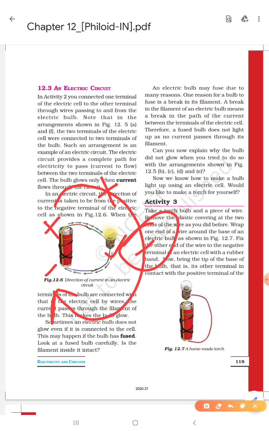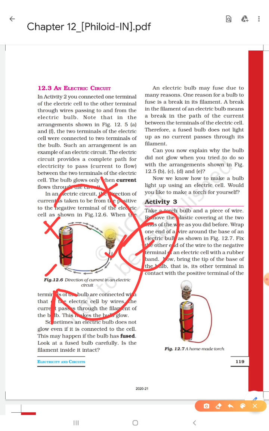But in some cases you will find that the bulb is not glowing. This may happen if the bulb is fused. So you have to look at your bulb carefully and check whether the filament inside it is intact. It may be that the bulb has fused due to a break in its filament.